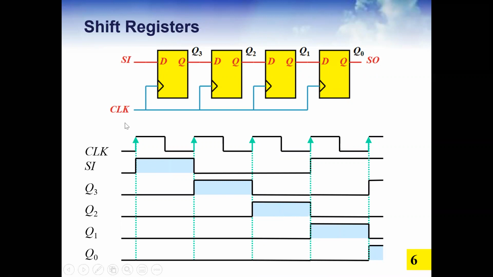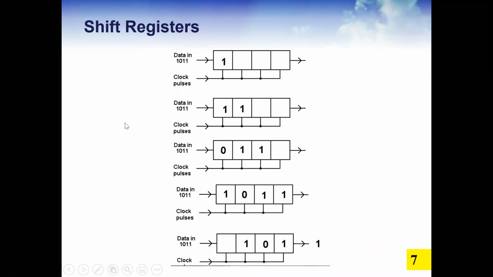Now see, this is the example given to you. We have the initial value of a register, which is 0, 0, 0. Now we have given data which we want to shift in. With one clock pulse, this is clock 1.